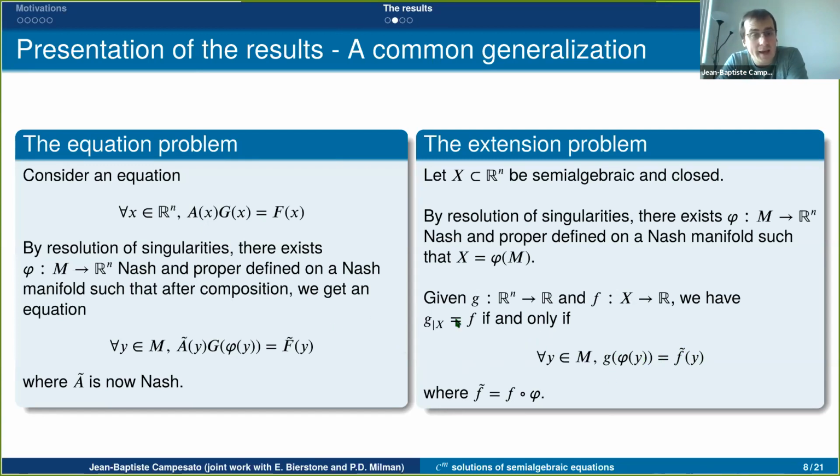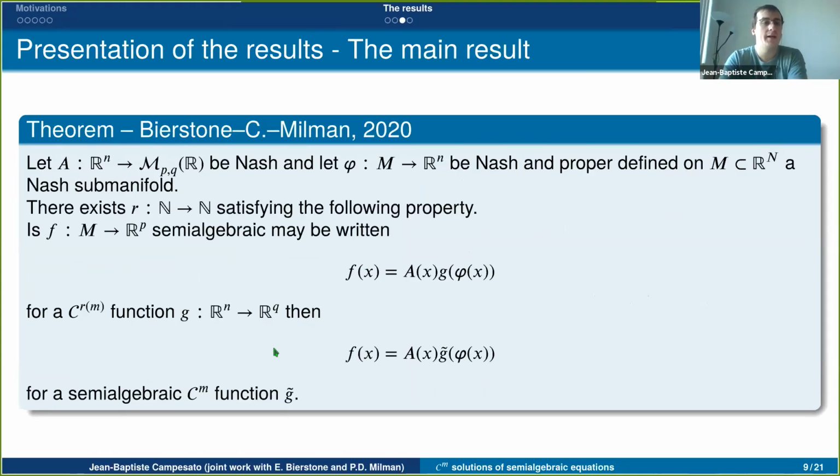So that's a special case when A is actually the identity matrix. So if we are able to prove the theorem for this kind of equations, we will get the answer for both problems, the equation problem and the extension problem. So it's enough to focus on these kinds of equations, and that's going to be the common generalization.